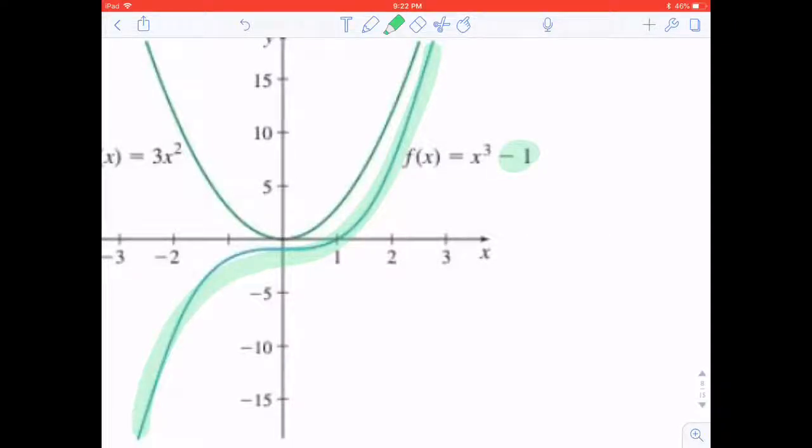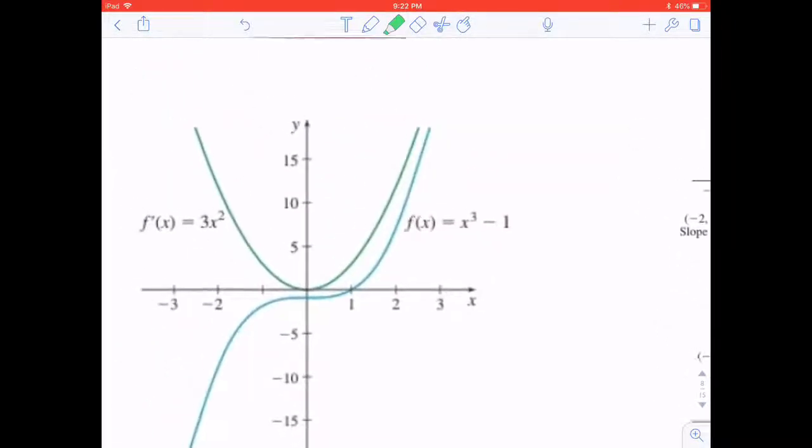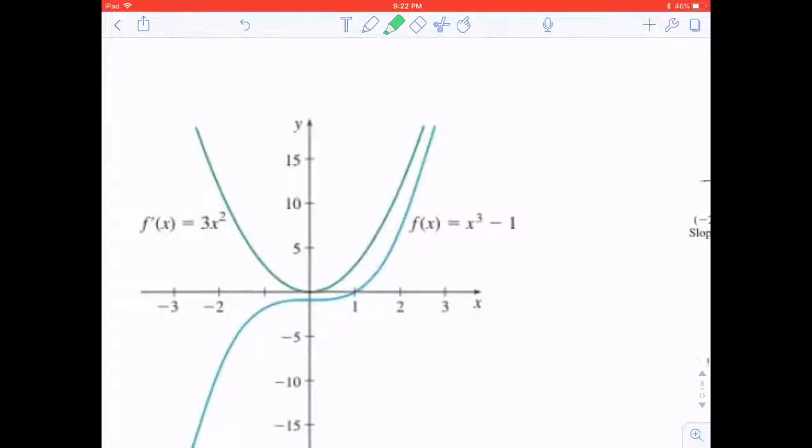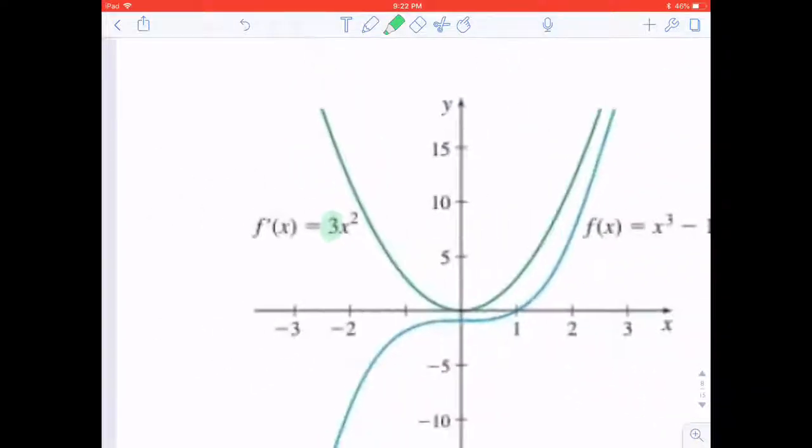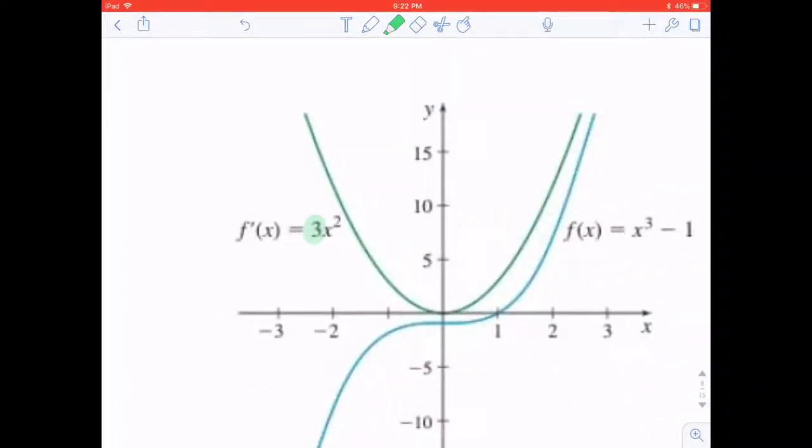That's what that minus 1 is telling us. And now we have here the parabola 3x squared, and we just have a dilation. We're multiplying it by 3, so it's getting just a little bit wider.